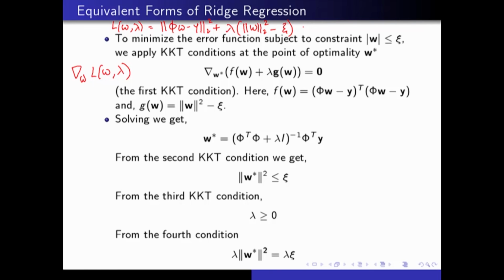So when you consider the gradient of the Lagrange function with respect to W and solve, as we've done before for the penalized ridge regression, we'll find this expression: W star is phi transpose phi plus lambda I inverse phi transpose y. This lambda now corresponds to the Lagrange multiplier.